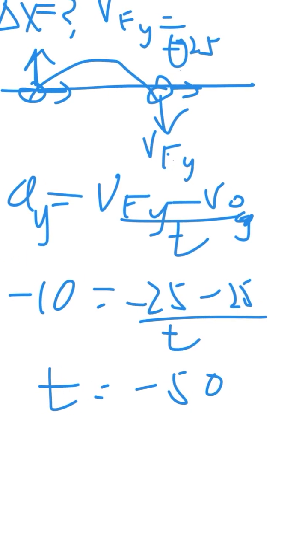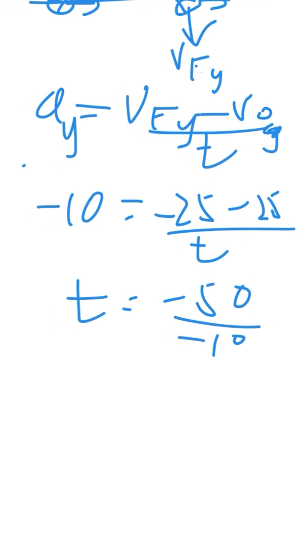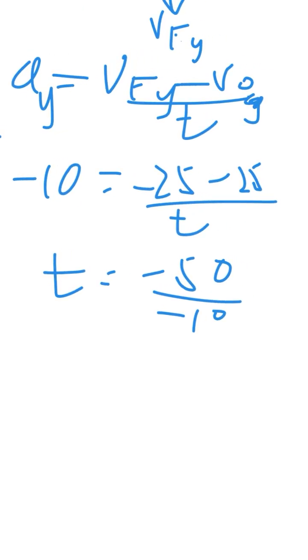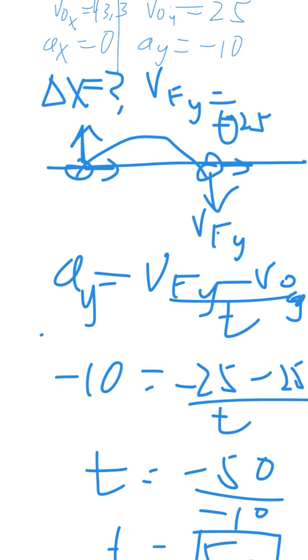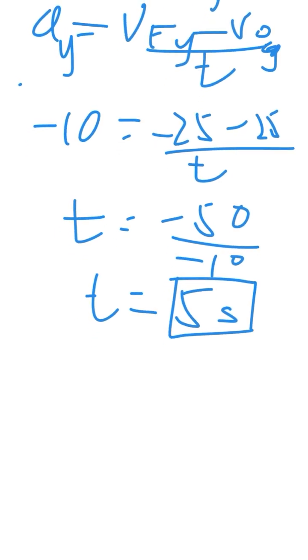Cross multiplied, and then I divide through by negative 10. So it takes a total time of 5 seconds. You don't have to double it because I was determining the whole trip from start to finish.